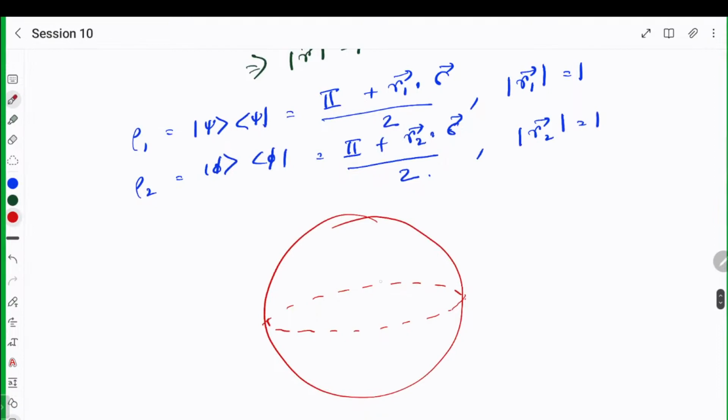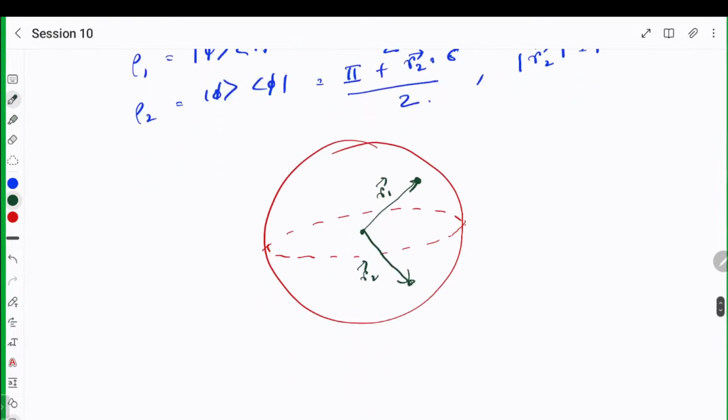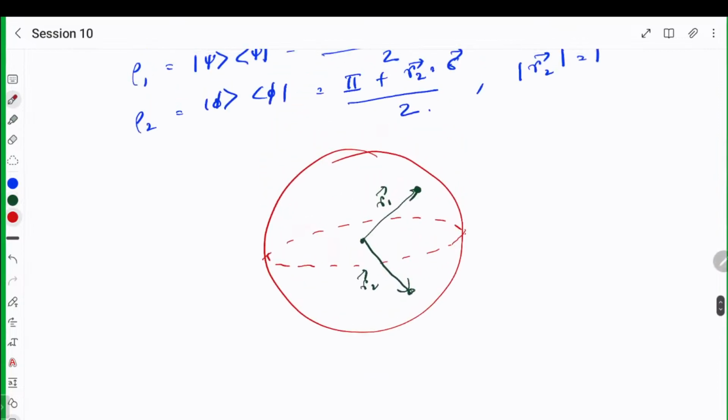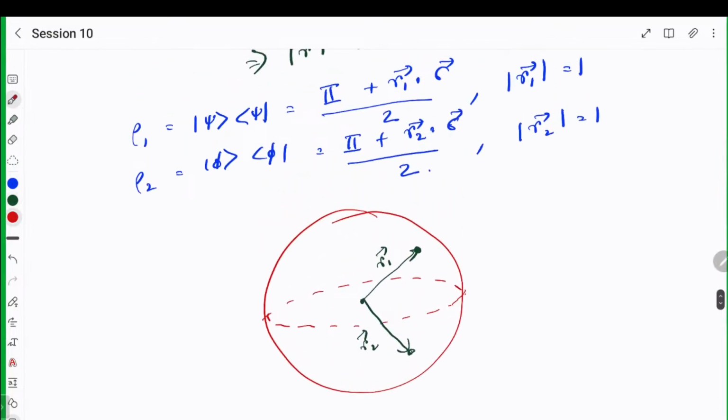So let's say it is this vector r1 vector. So this is a point on the surface, r1 vector. And let's say we have another point on the surface like this. Okay. Now let's take a third density matrix, which is, so these are how we have defined rho 1 and rho 2.